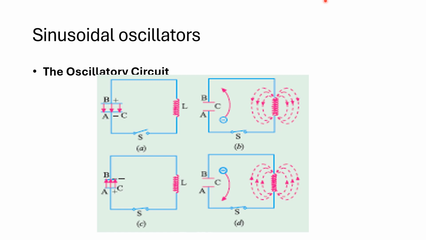In the process of charging and discharging, there is some energy loss. That energy is dissipated into heat, so that causes what we called a while ago the damped oscillations eventually.